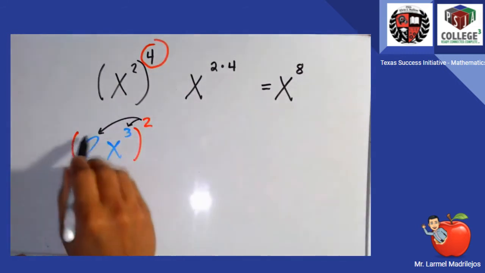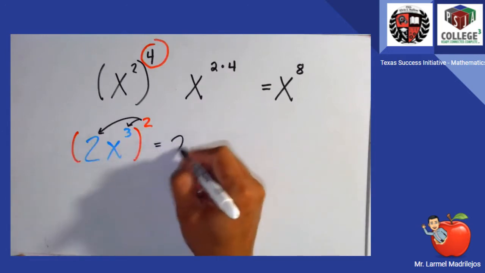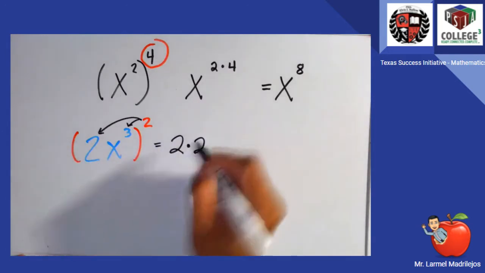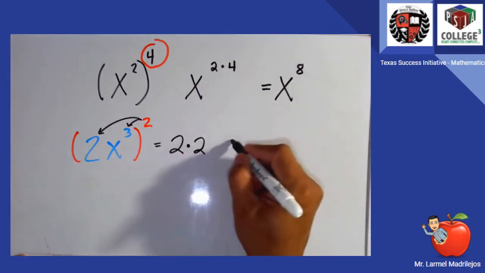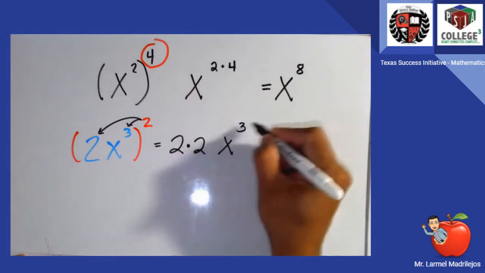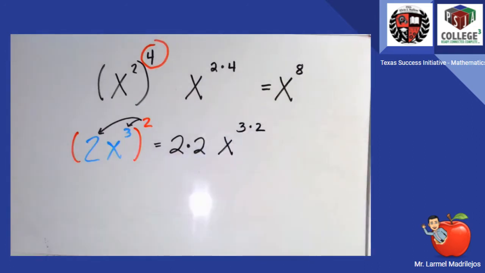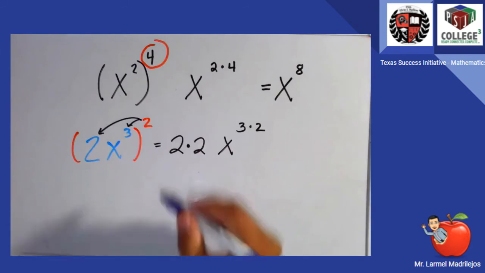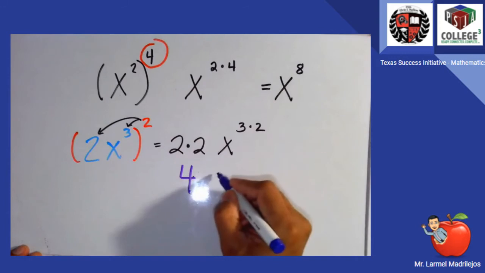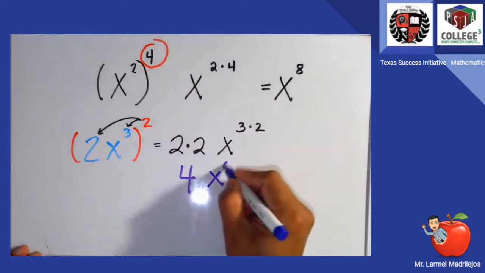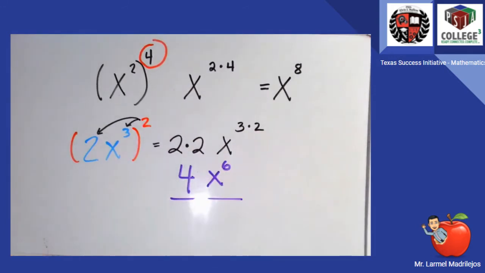So the coefficient is 2 times 2. And the variable is x to the 3 times 2. So the answer is 2 times 2 equals 4, x to the 6. That's the answer.